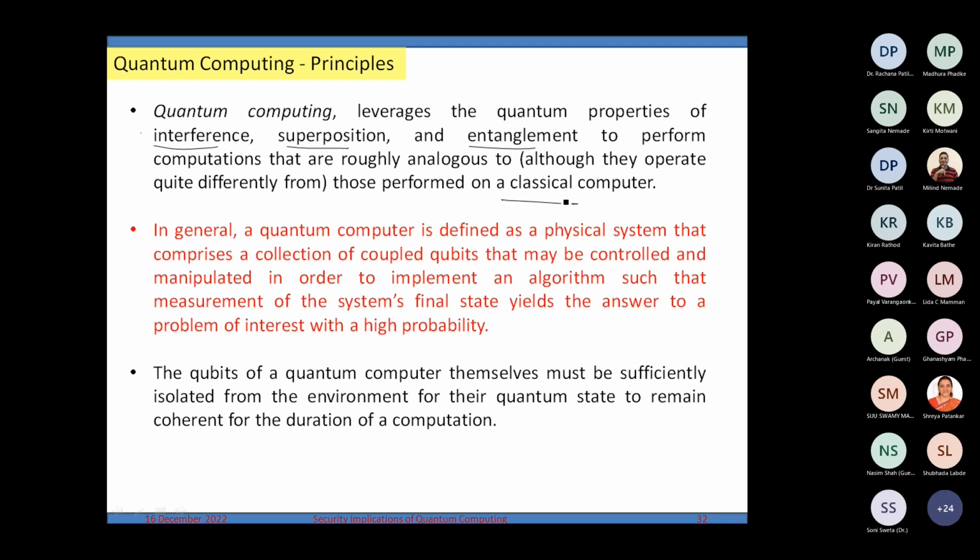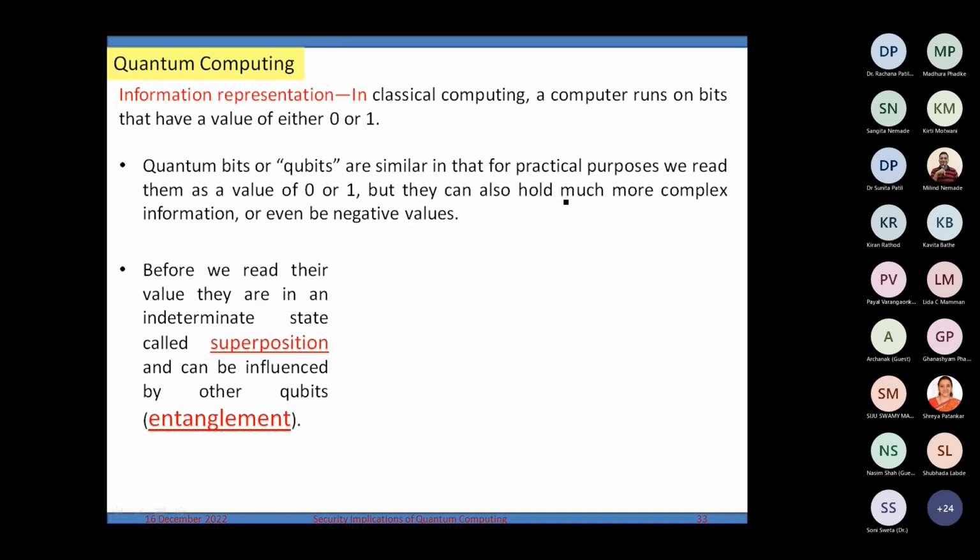All these fundamentals of quantum computing, perhaps a few classes back, you must have discussed. So if you look at the way information is represented in a quantum computer and compare that with the classical computer, the regular bits have either 0 or 1.